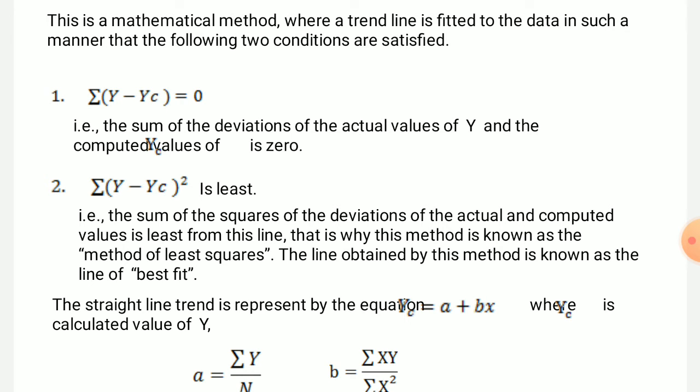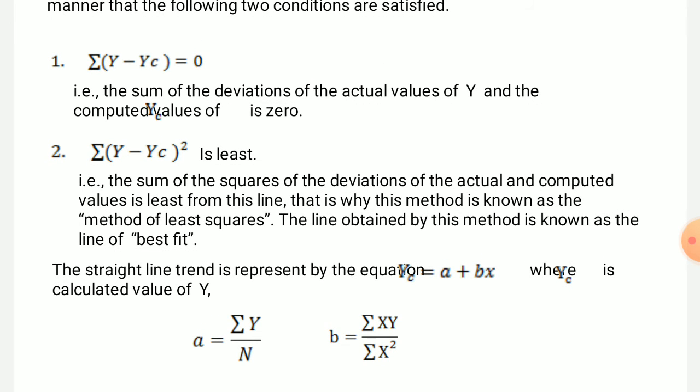The second condition is that sigma (y minus yc) whole square is the least, that is, the sum of the squares of the deviations of the actual and computed values from this line is the least. That is why this method is known as the method of least squares, and the line obtained by this method is known as the line of best fit.